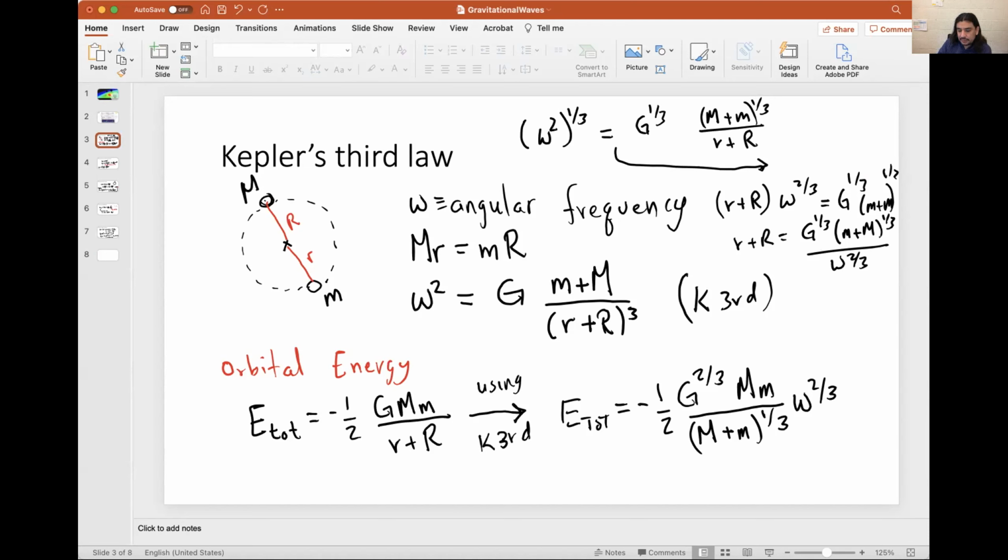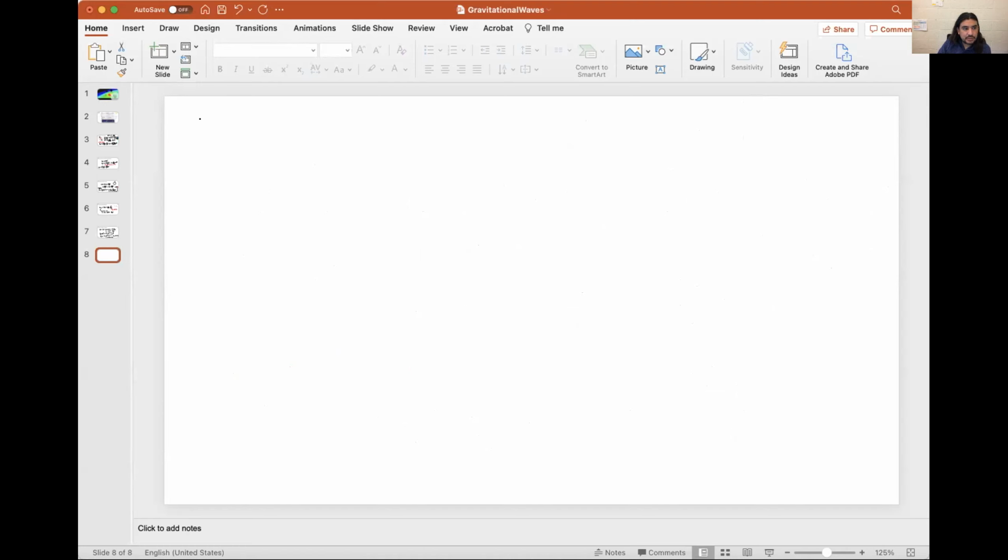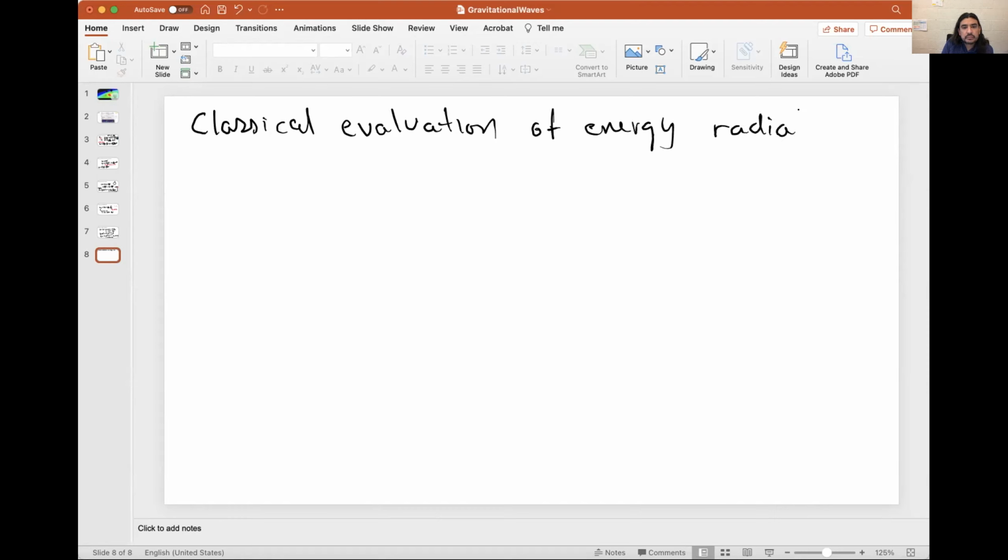We're going to use that, and we're going to assume that the distance between the black holes is the sum of their Schwarzschild radii, and let's calculate all that. So let's do it over here. This is our classical evaluation of the energy radiated due to the gravitational wave, right?